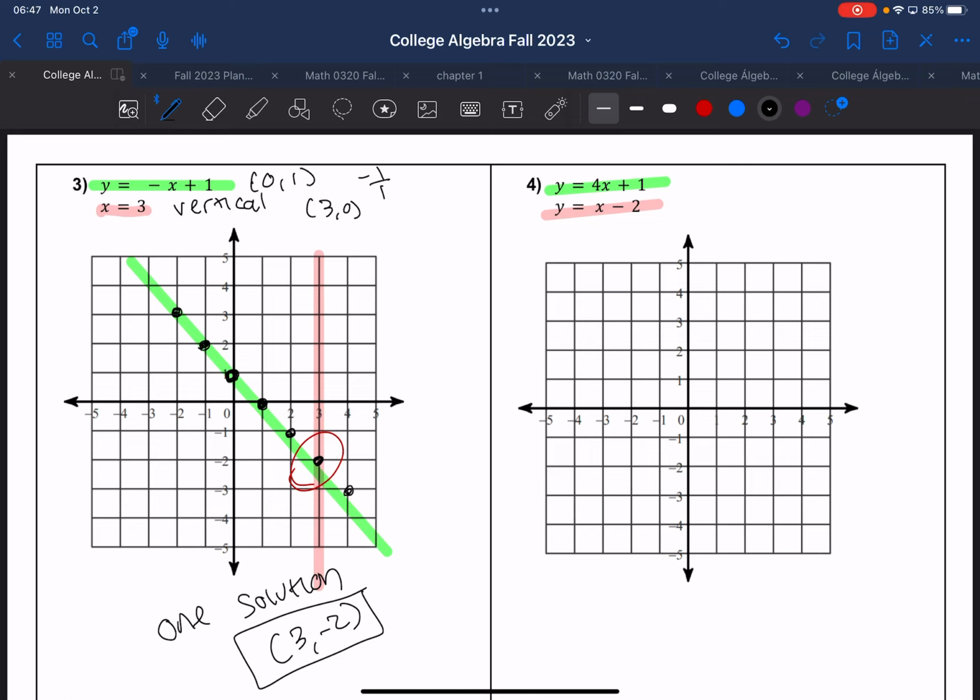Okay, I'm going to go ahead and start writing the information. You still continue working. For the first equation, you should have got the y-intercept of 0, 1 with a slope of 4 over 1. And then for the second equation, a y-intercept of 0, -2 and a slope of 1 over 1. So I'm going to go ahead and start plotting those.